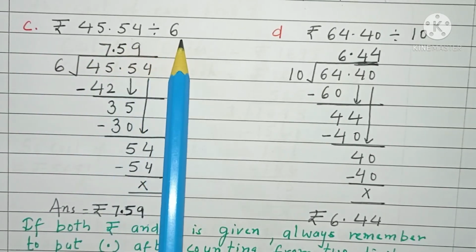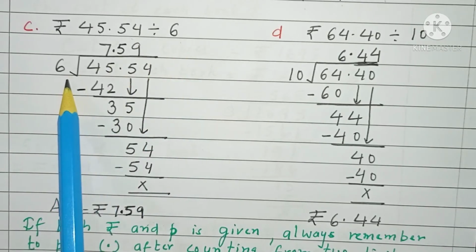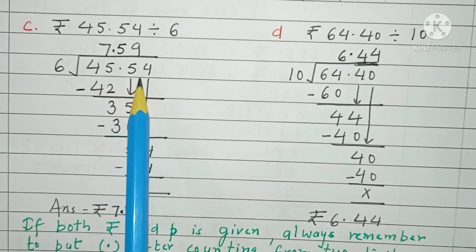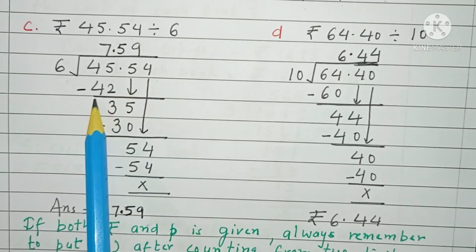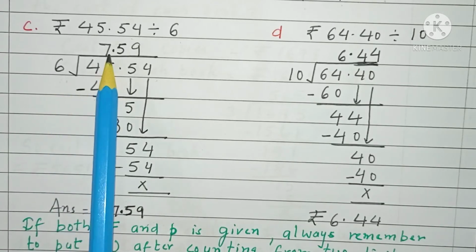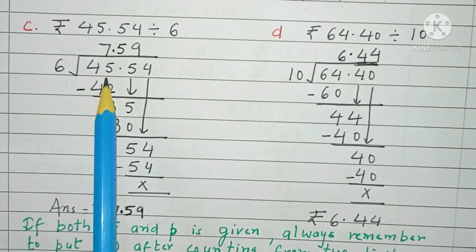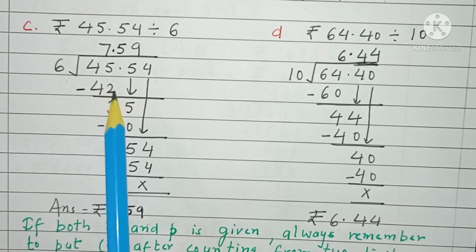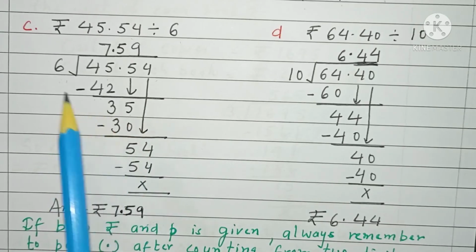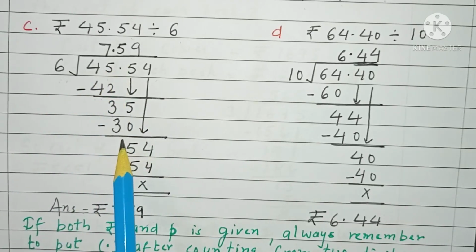Now, we need to divide rupees 45.54 by 6. Making the division sum, it is rupees 45.54. So first of all, look for 45 in the table of 6. It is 6 sevens are 42 because 45 doesn't come in the table of 6. So 45 minus 42 is 3. Putting down 5 now, it is 6 fives are 30.